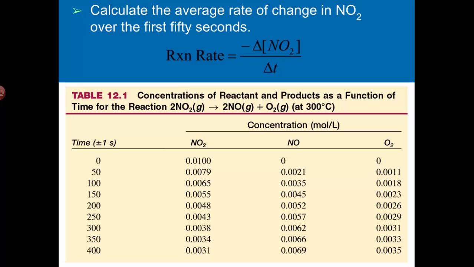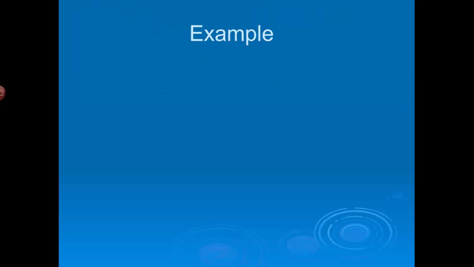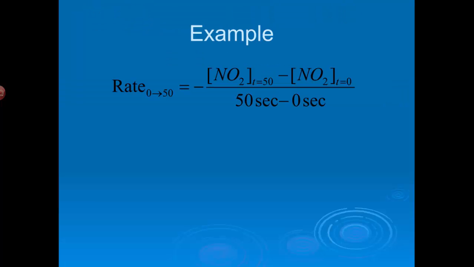So the reaction rate for NO2, the average rate of change in NO2, is going to be negative, so we put a negative sign in front of it. When we take the change in NO2 versus the change in time, if we're looking at the first 50 seconds, then it's the difference of NO2 at t50 and NO2 at t0, over 50 seconds minus 0 seconds.